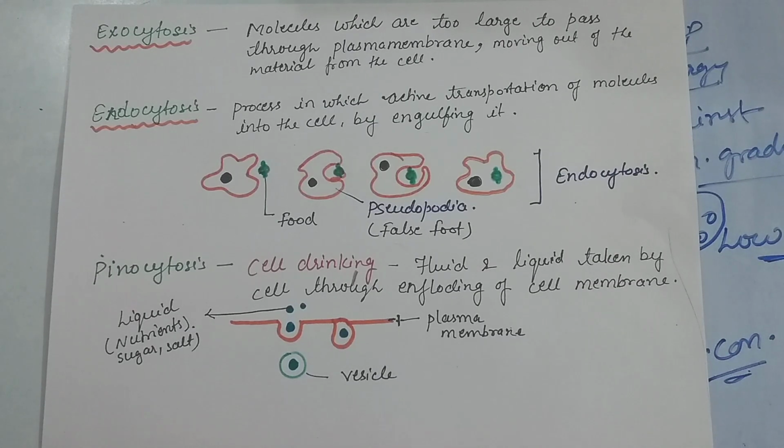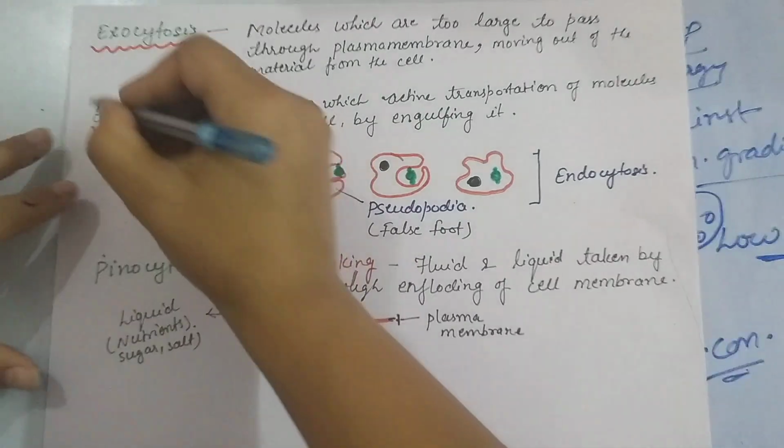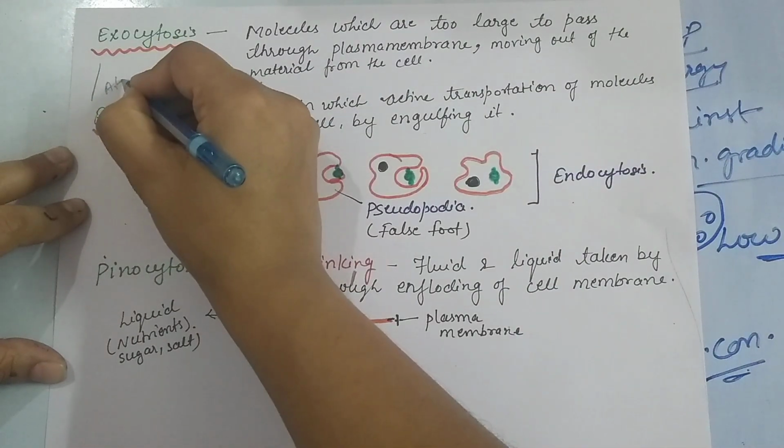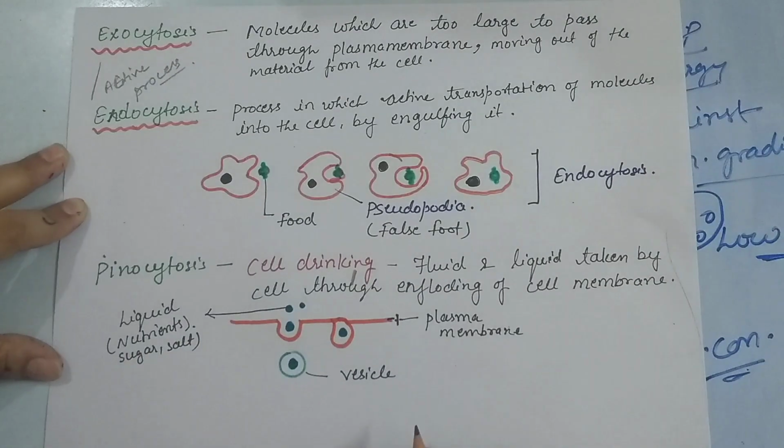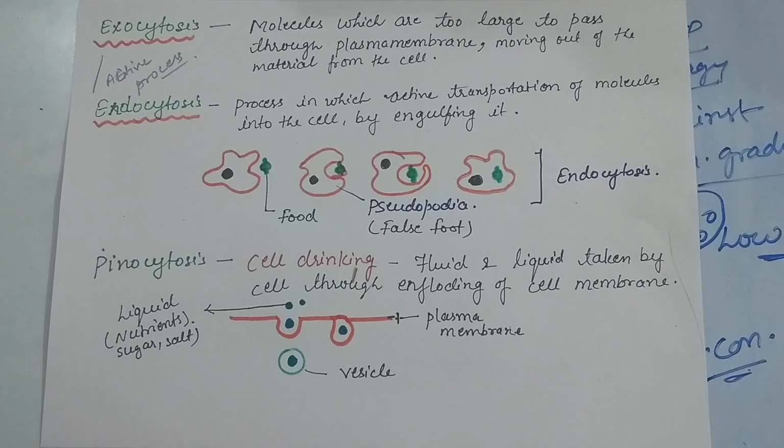So the process of exocytosis or endocytosis takes place, and both are active processes of transport.